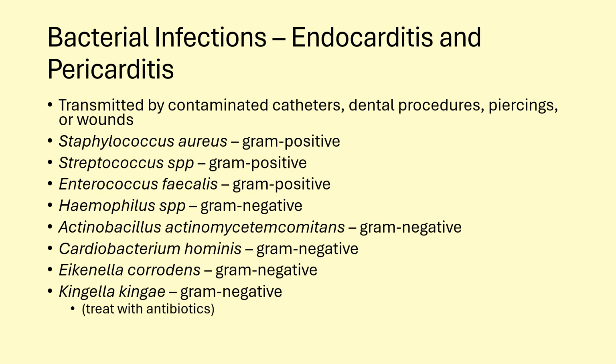Personally, I have a minor heart murmur, and so whenever I go to the dentist, even just for my regular six-month cleaning, I share with them that yes, I have a minor heart murmur. It's age related. What they do for me is give me amoxicillin.